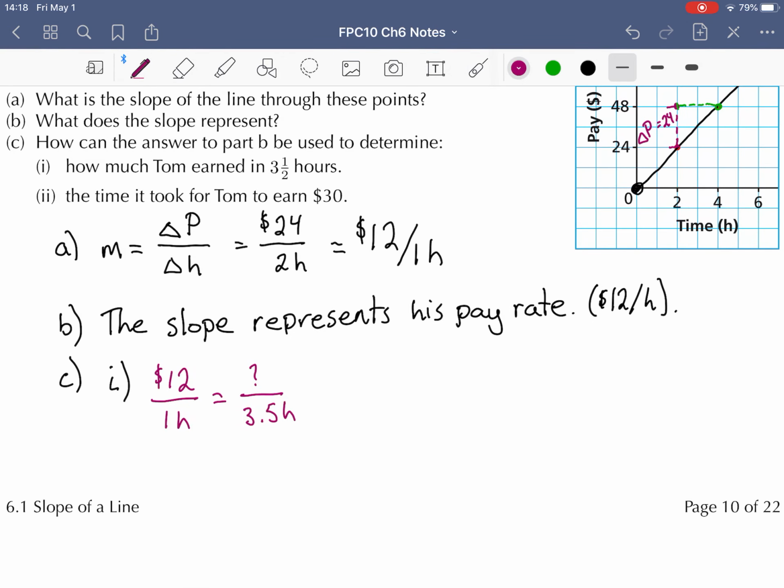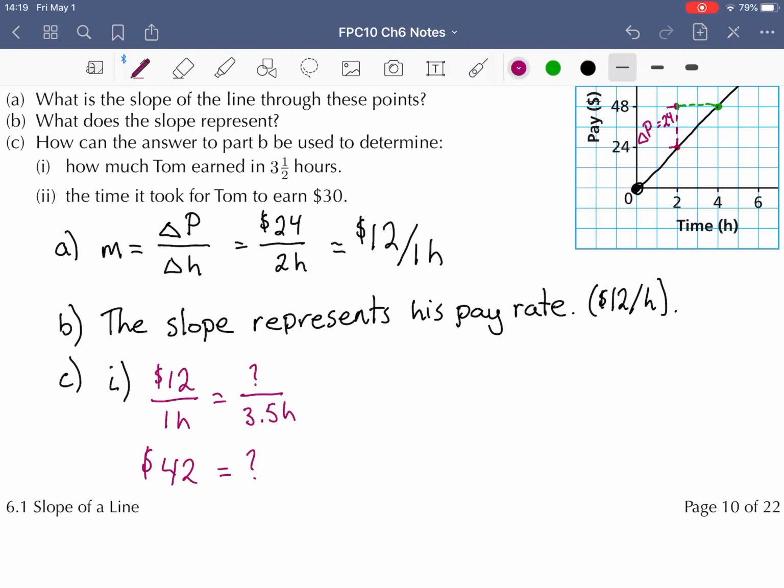We can set this up as a proportion, similar to workplace math, and cross multiply. We do 12 times 3.5, and we should get 12 times 3 is 36, plus another half of 12, which is 6, is $42. So if he earns $12 in 1 hour, that'll be the same thing as $42 in 3.5 hours.